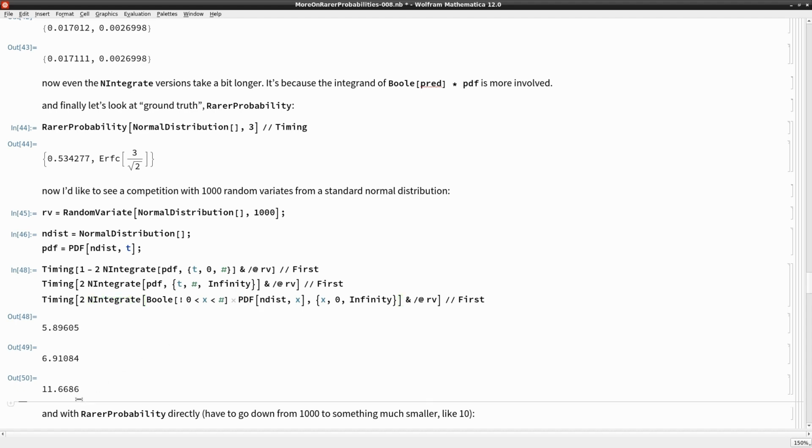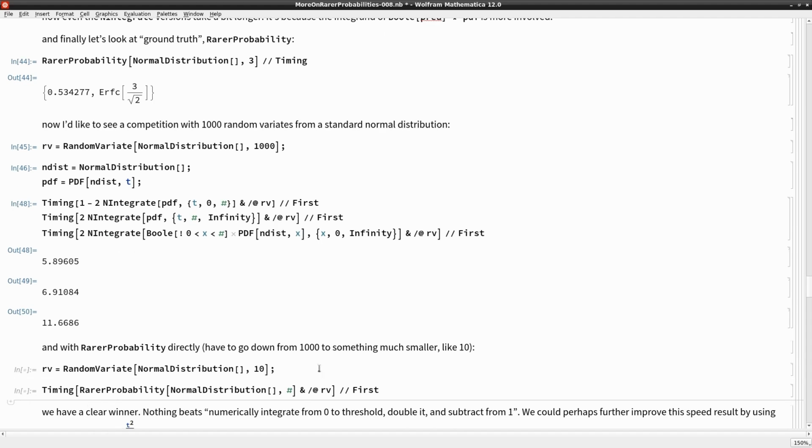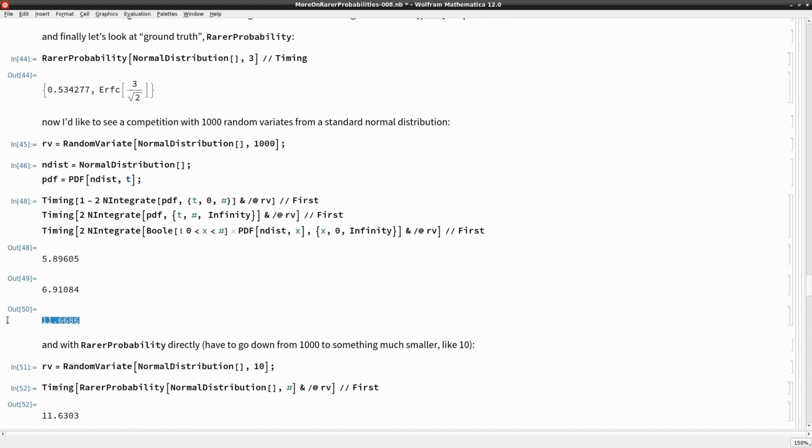And if we wanted to do it with RarerProbability directly, it takes so long that I had to go down from 1,000 samples to something like 10, because otherwise we'd be sitting here until the cows come home. And with 10 samples, it takes about as long as the slowest version above. So that will also take some 10 or 11 seconds here. Yeah, 11 seconds.